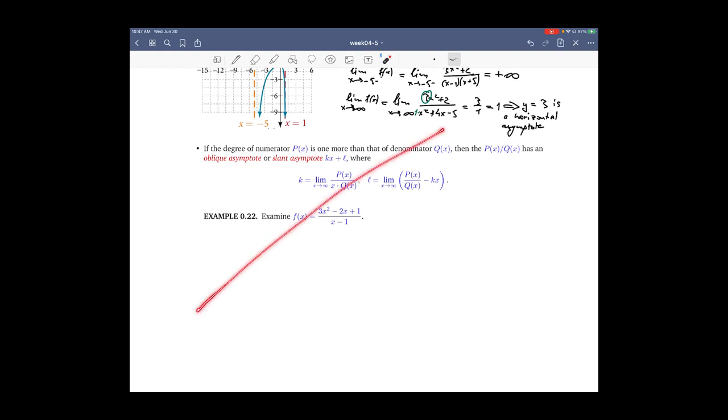It will be a straight line, kx plus L, where slope k is determined as the limit of the ratio p over x times q, and y-intercept L is determined as the limit of the expression p over q minus kx, where k is the slope. Let us work with the example.